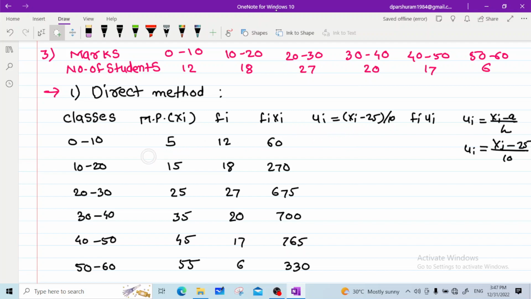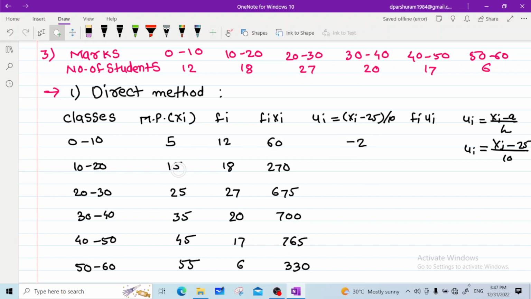For this class 0 to 10, the value of xi is equal to 5, that is 5 minus 25 is equal to minus 20. Minus 20 divided by 10, we get the answer minus 2.